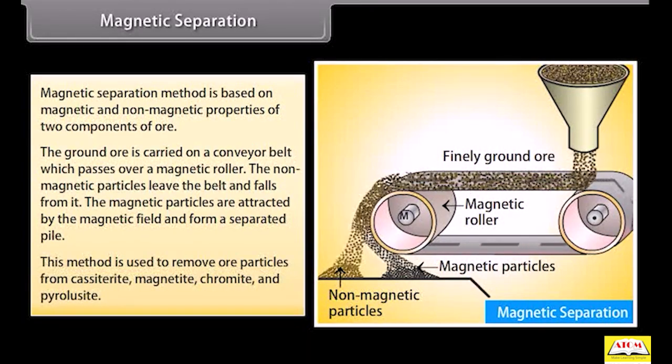This method is used to remove ore particles from cassiterite, magnetite, chromite, and pyrolusite. Froth flotation method.